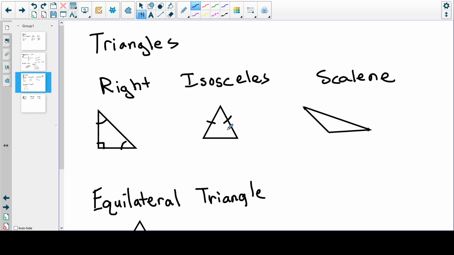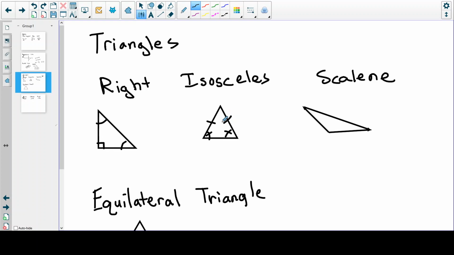So these two legs are equal, and the angles that are opposite of the legs are also equal. Sometimes you can have a dash that just goes through it. So that means that these two angles are equal and these two sides are equal. That's what's classified as an isosceles triangle.